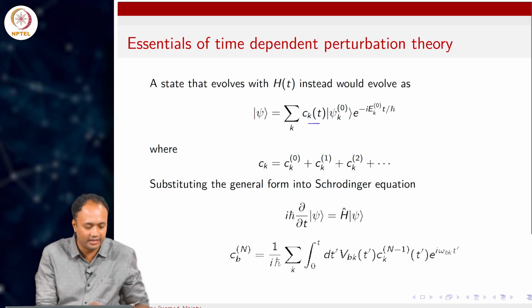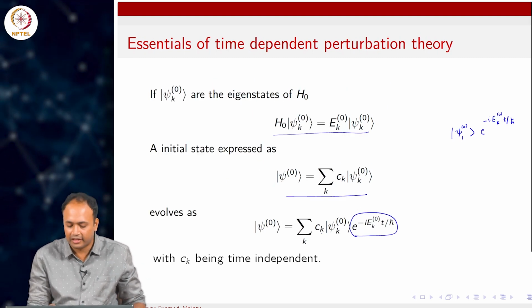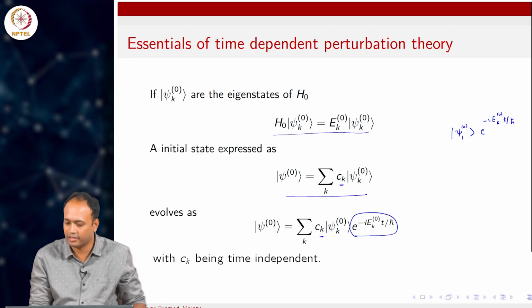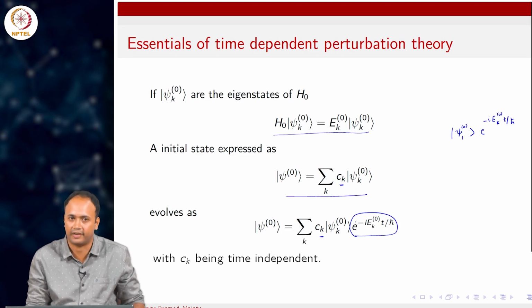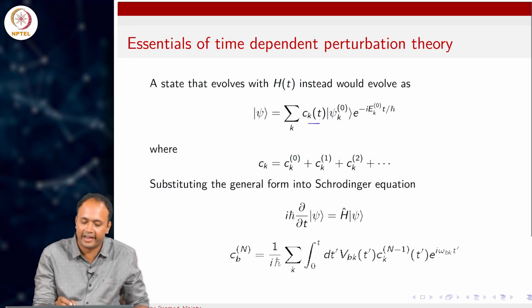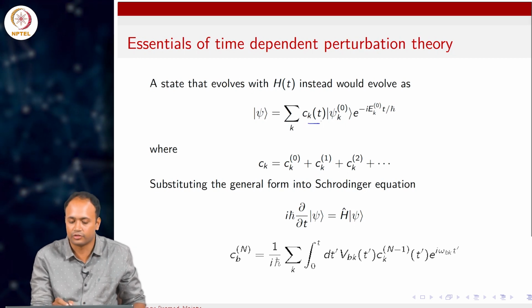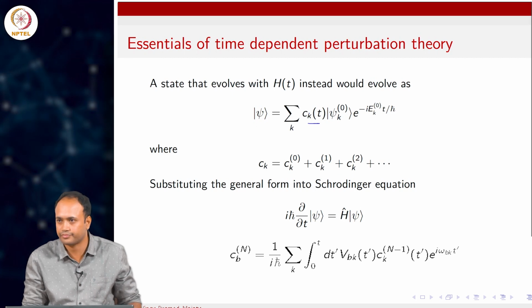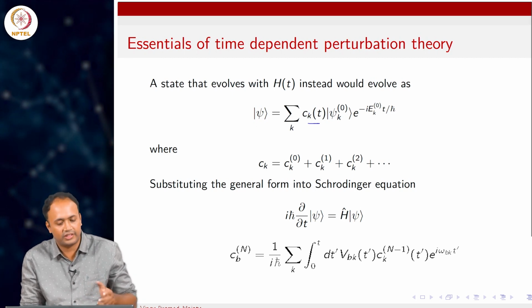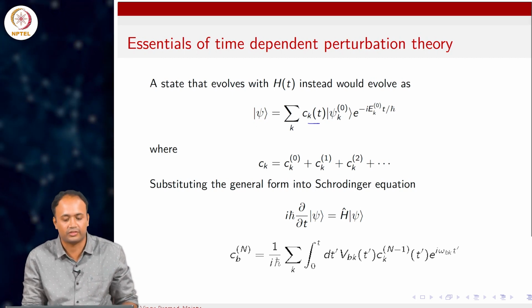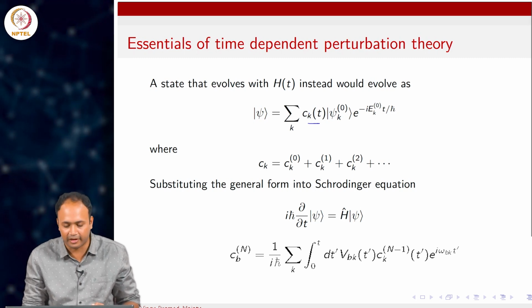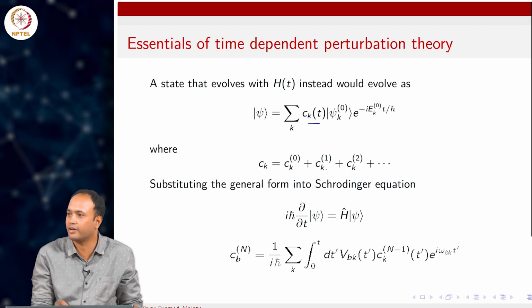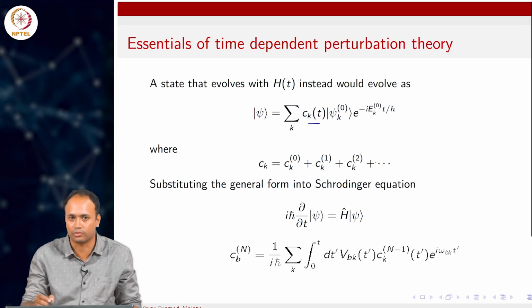In the earlier case, let me go back to the previous slide, the time evolution had exactly the same coefficients as here. The time evolution only comes through this phase factor. But for a general case where I have H of t, the solution would have these Cks also time dependent. Now the recipe, the process to get the exact solution with time dependent perturbation theory, is to express Ck of t as some Ck0 plus Ck1 plus Ck2 and so on.